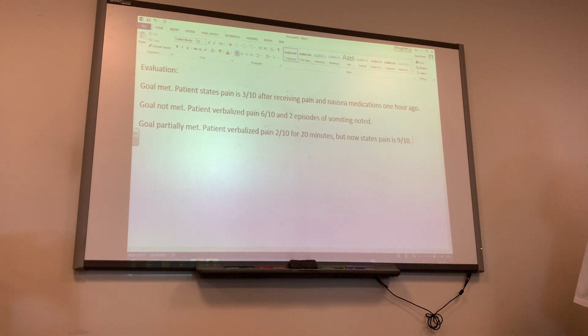Read the orders, okay? So then you can go ahead and provide that second dose of pain medication. You may have given Reglan, which is one type of nausea medication, but also on the list is Zofran. Okay, so we try that route.